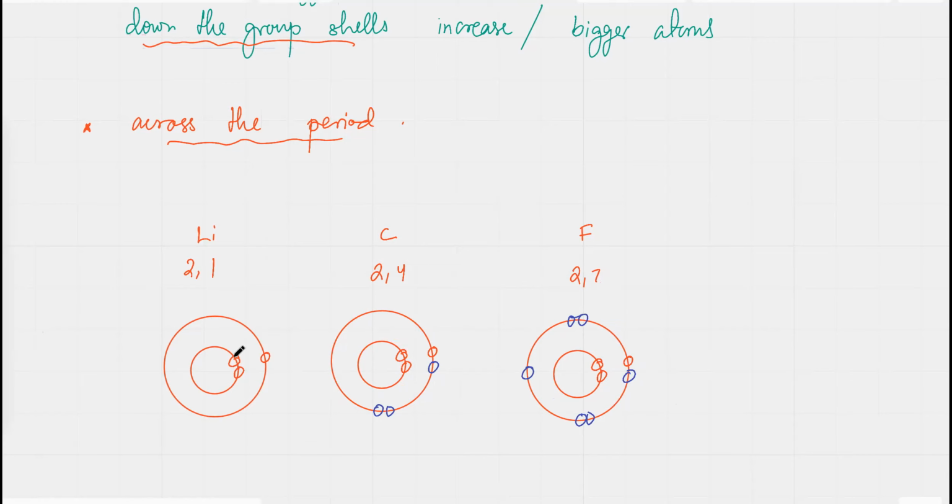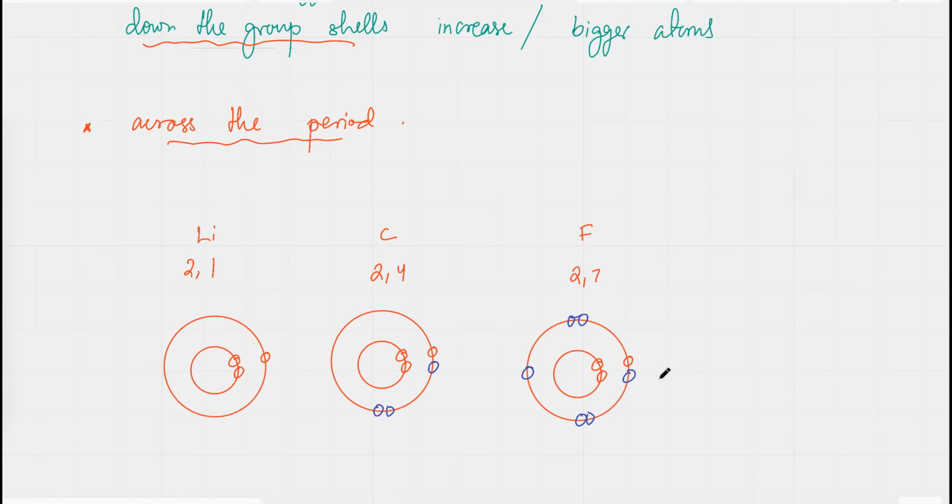So it kind of looks like the atoms are going to have exactly the same size, because when you're moving across the period, you have exactly the same number of shells. The outer electrons have exactly the same energy, so even if they're energetic, the furthest they would go would be the same. Okay, so the outermost shell has the same energy.